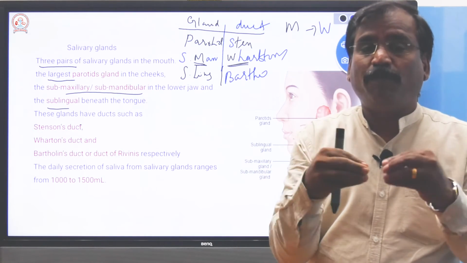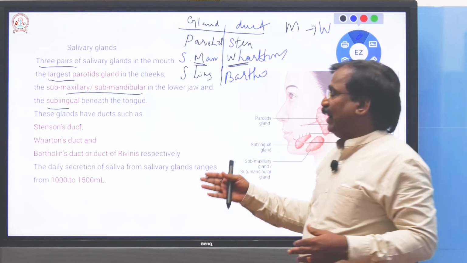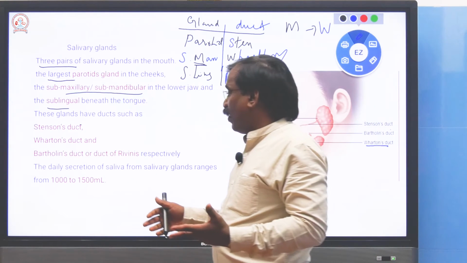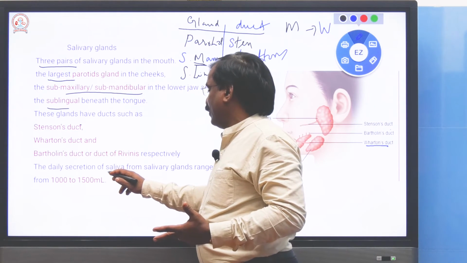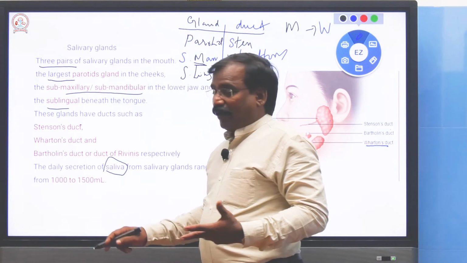This is important from an objective point of view. The salivary gland produces saliva. That secretion is called saliva. How much does it produce?